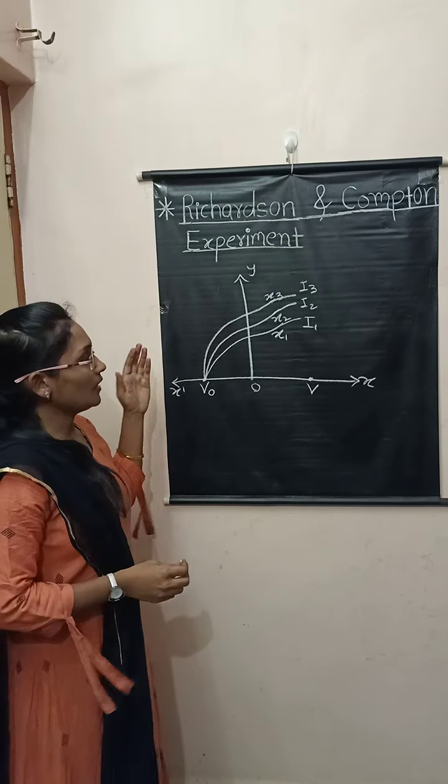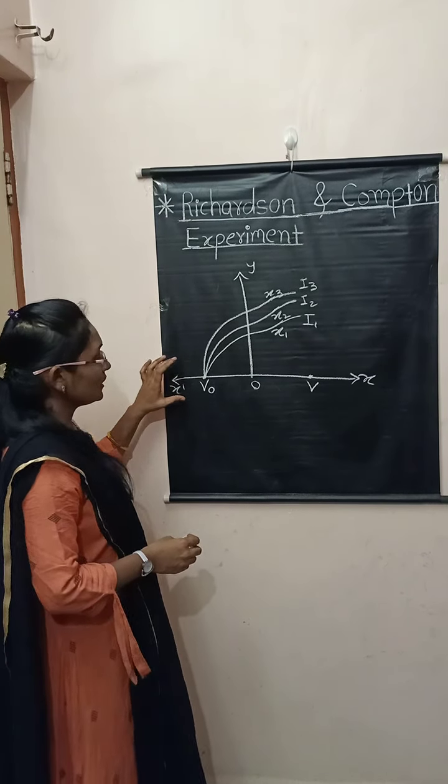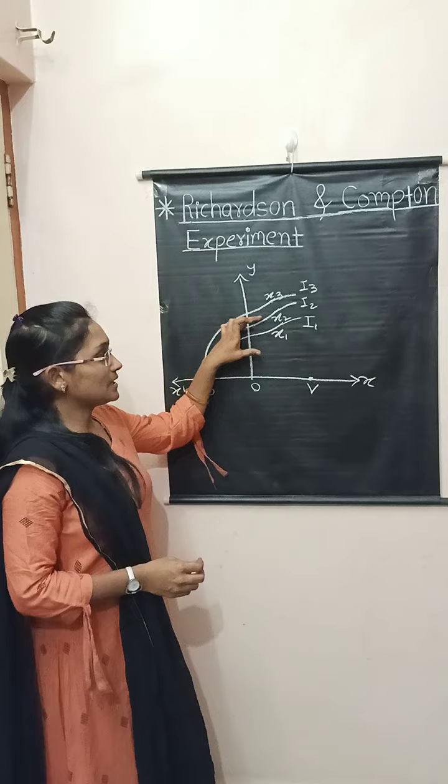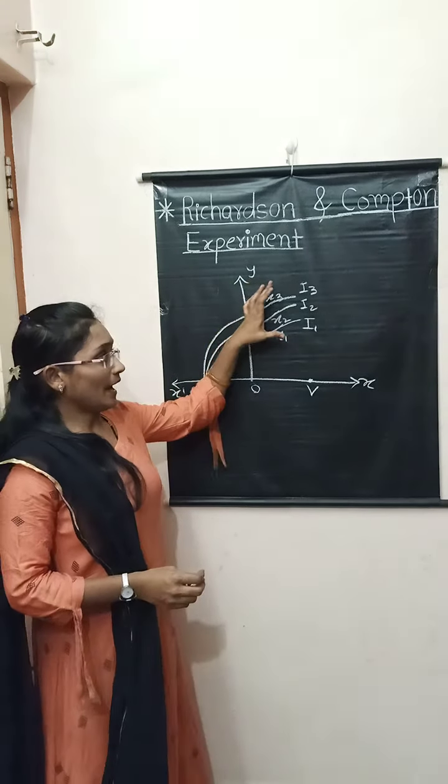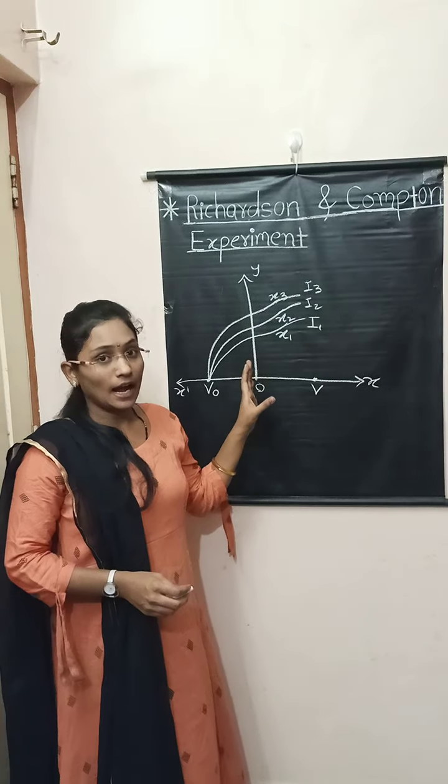So from this graph, V0 is the stopping potential, X1, X2 and X3 are intensities of illumination, and I1, I2 and I3 are our currents.